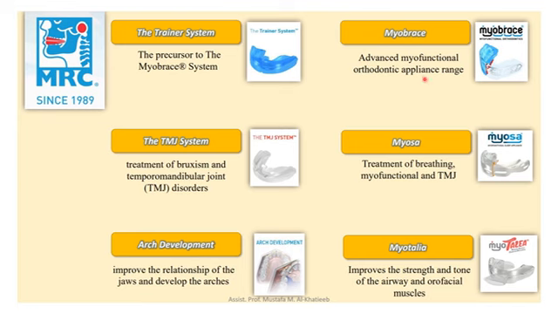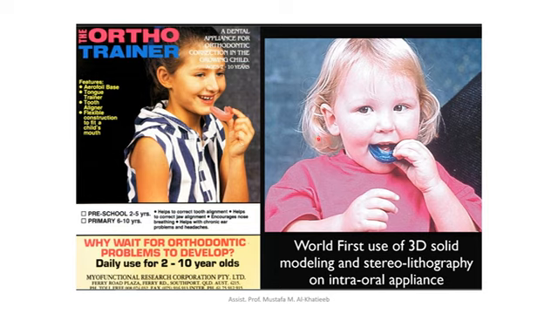Then the Myobrace was produced to the market, an advanced myofunctional orthodontic appliance range, and Myoza also for training of breathing, myofunctional and TMJ, and Myotalia, which improved the strength and tone of the airway and orofacial muscles.